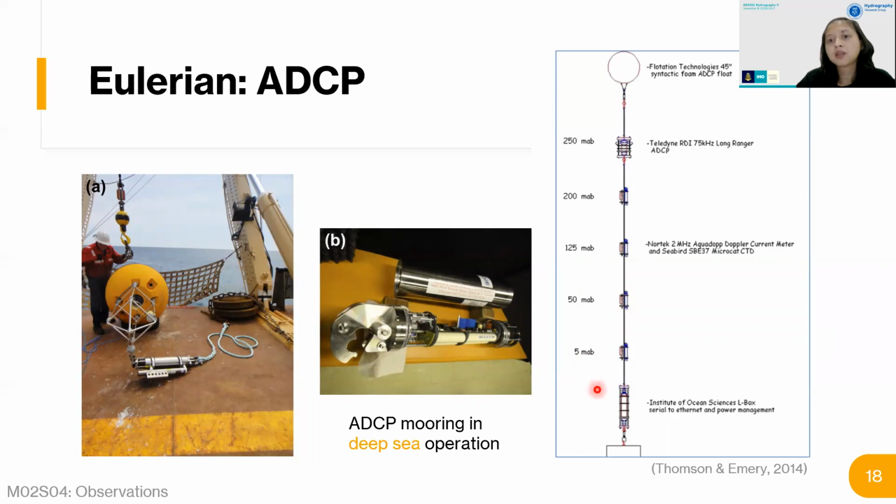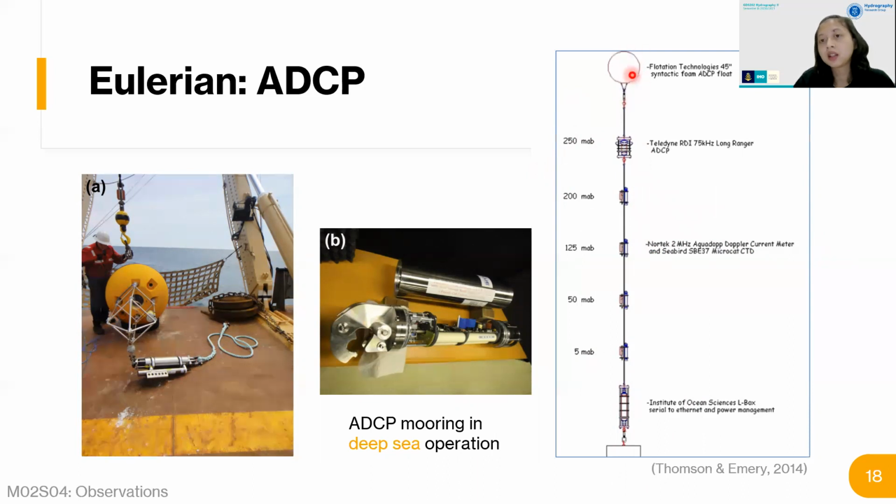It's quite unique when you're talking about mooring, because you're not measuring from the top to the bottom, but from the bottom to the top. So that's 250 meters above basement. It's still pretty shallow in deep water operation, but still quite interesting to see.